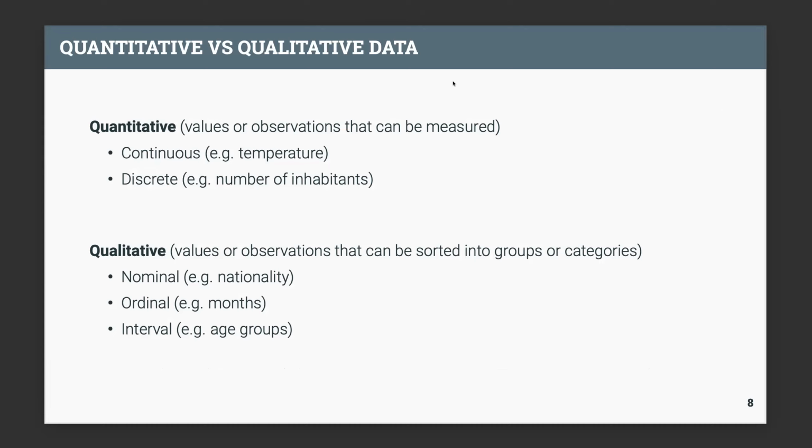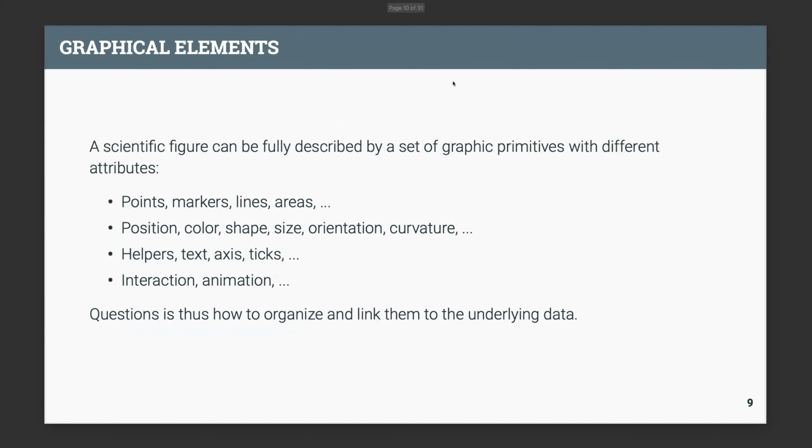And for the qualitative, it can be, for example, nationality, month, age group. So you can have some order relation between the data, but for nationality, you don't have any natural order. So it means when you plot the data, it's a bit different. So it's good to know this kind of thing.